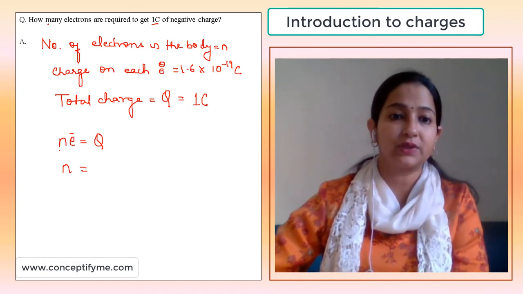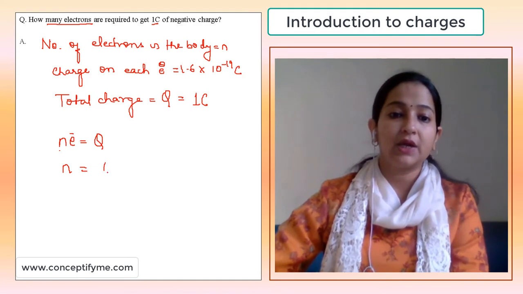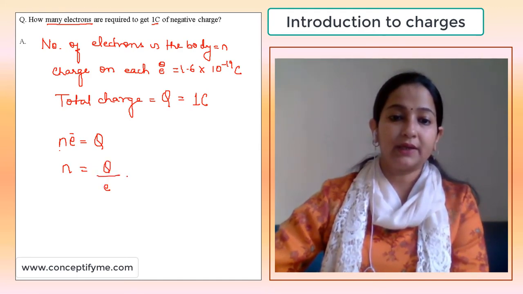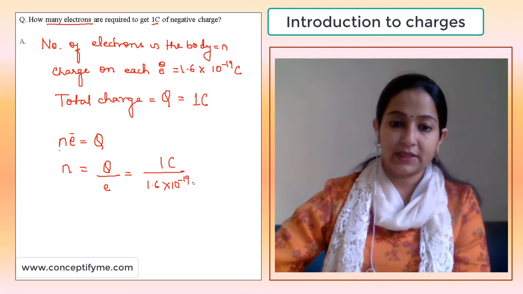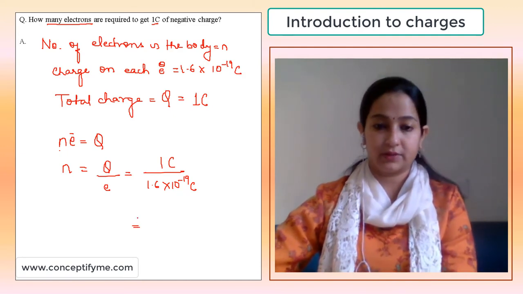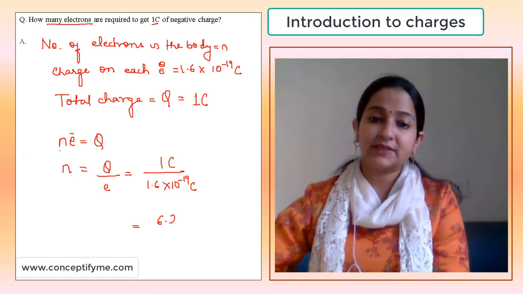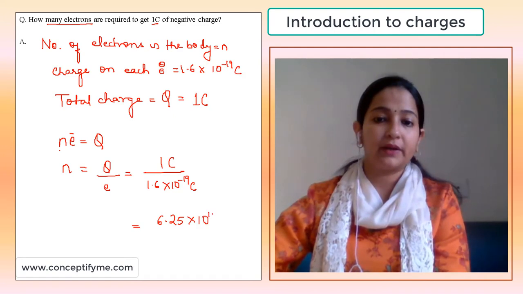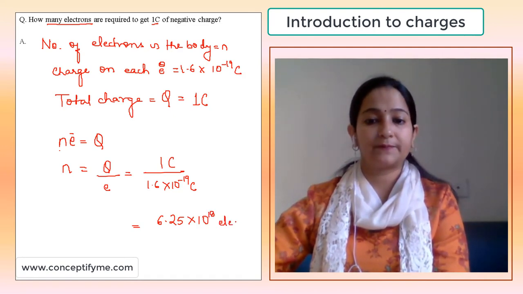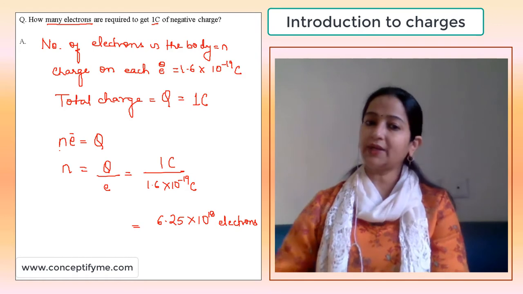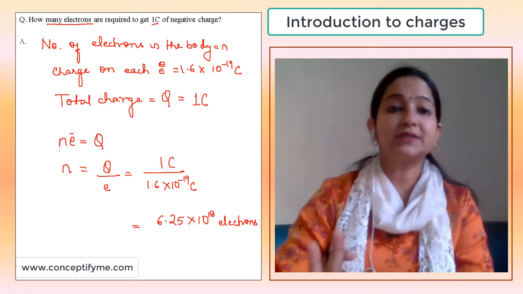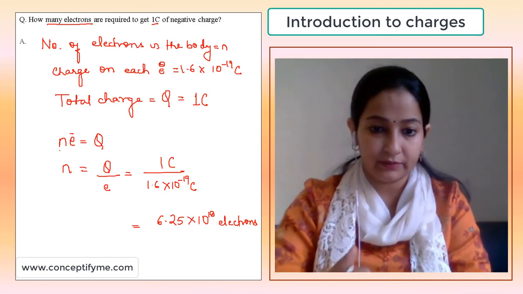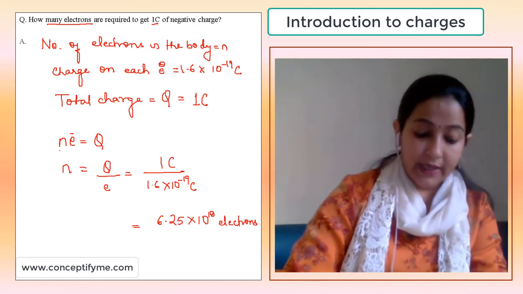So n equals Q over e, where Q is 1 coulomb and e is 1.6 into 10 to the power minus 19 coulomb. Once you calculate, you will get 6.25 into 10 to the power 18 electrons. So this is how we get our number of electrons.